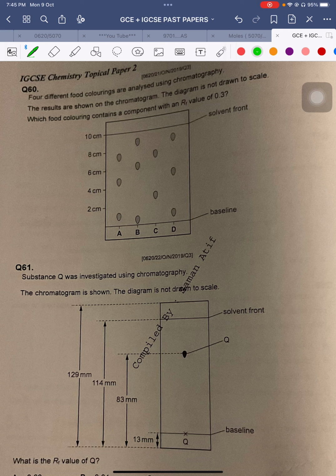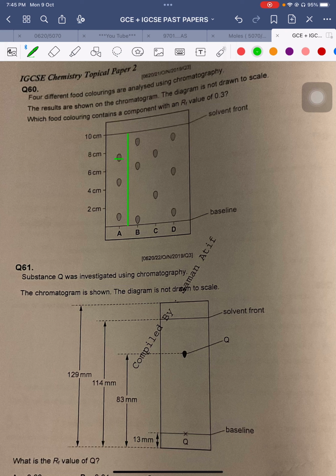0.3. So for A, we can see that this is the distance traveled by the solvent, very clear. Let me draw it more in the center.